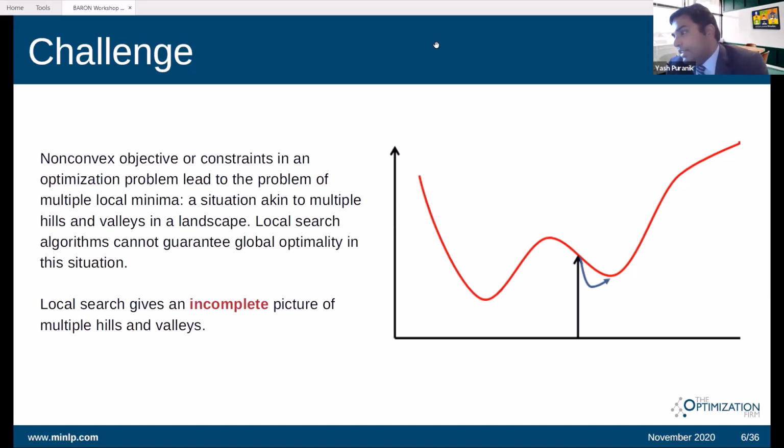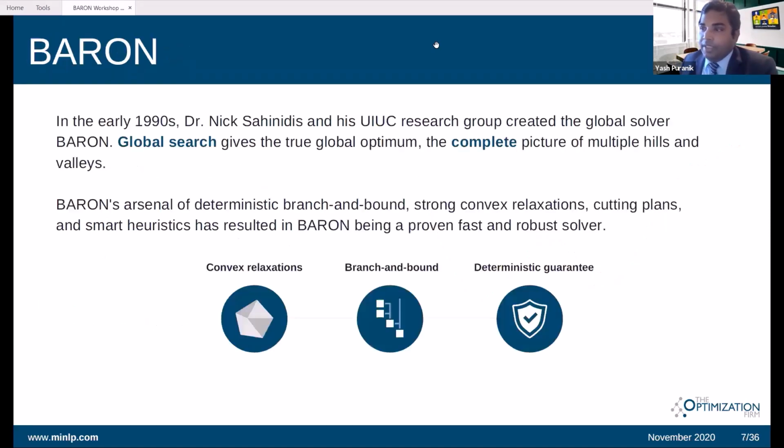So, for instance, in the figure on my screen, if we had rolled the ball at some point on the left side, it's quite likely that the ball would have come to rest at the valley on the left, and we can see visually that that's the better or the global solution. So non-convexity is what causes the limitation in the abilities of local search, necessitating what we consider global search algorithms.